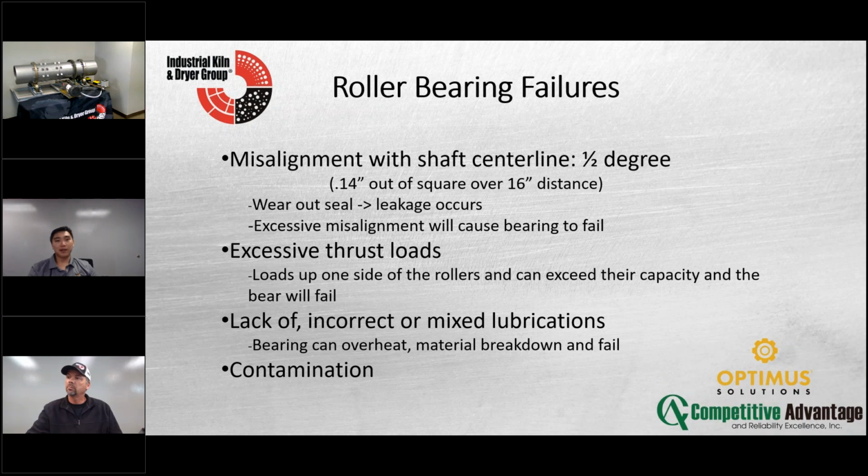A lot of the failures on bearings is heavy misalignment. You have a little bit of room to play, but it's really not much. The other failure is excessive thrust, which we just talked about. This is due to skewing your bearings too much.